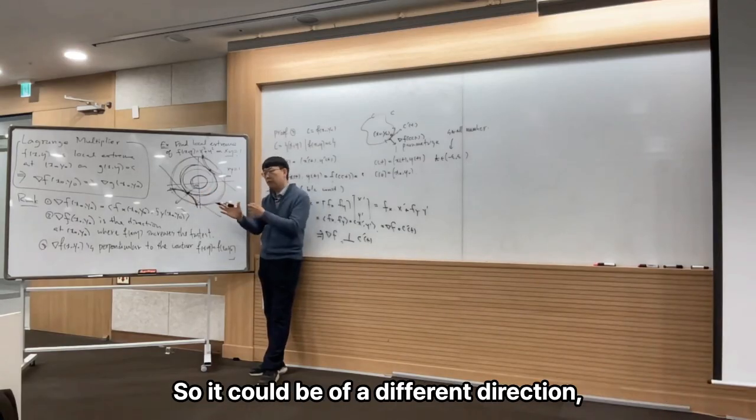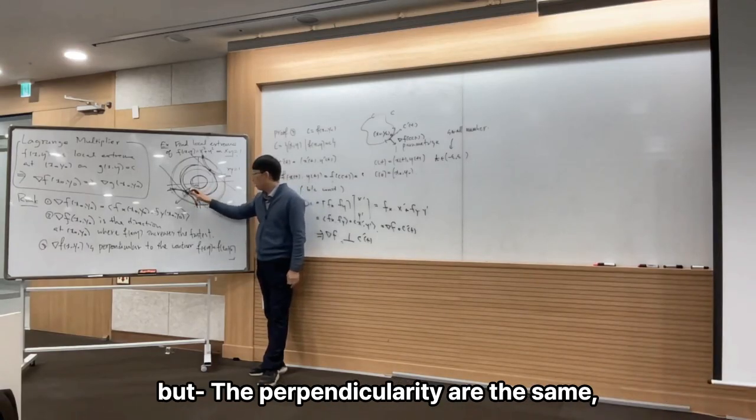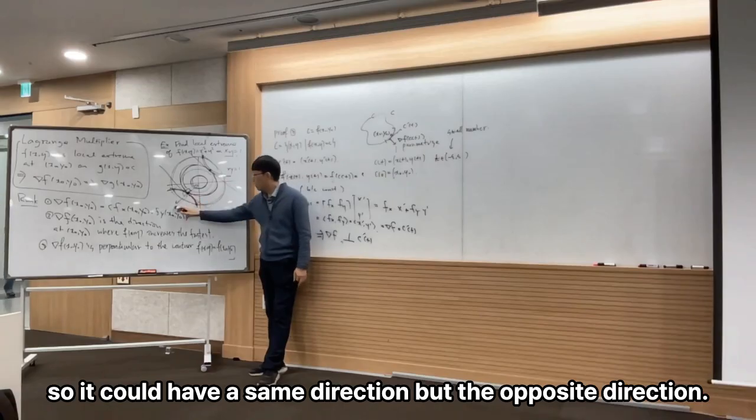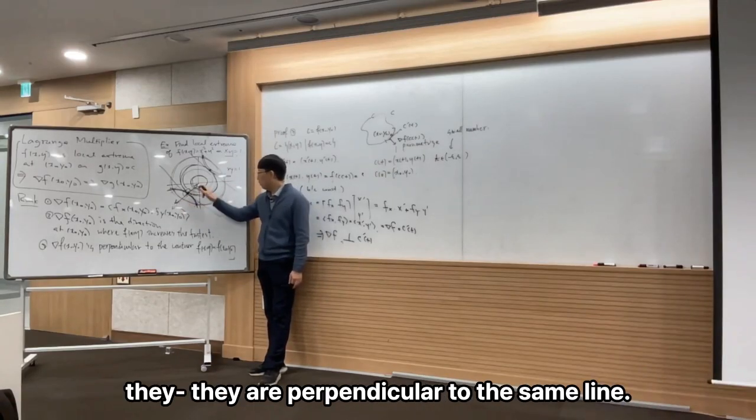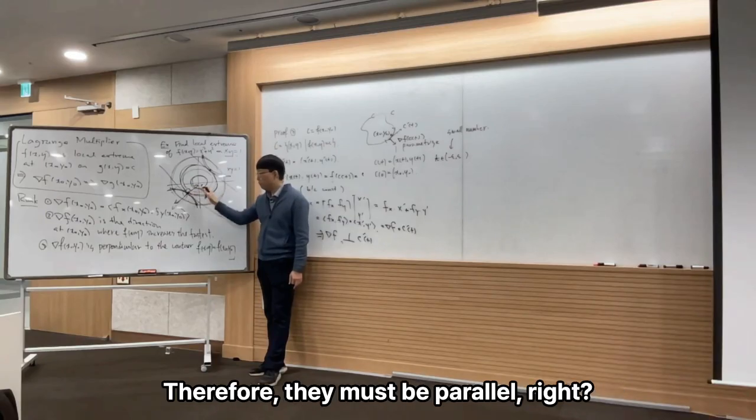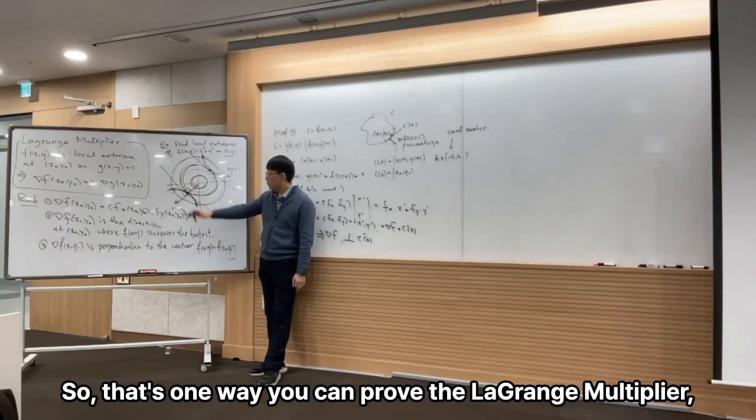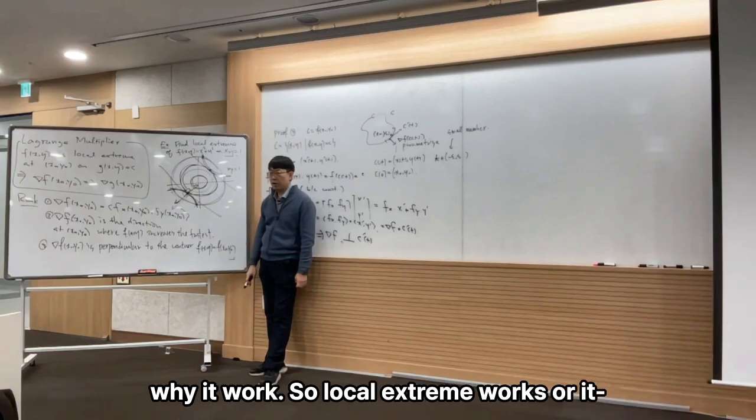They could have different directions, the same direction or the opposite direction, but no matter what, they are perpendicular to the same line. Therefore, they must be parallel, right? So that's one way you can prove why the Lagrange multiplier works.